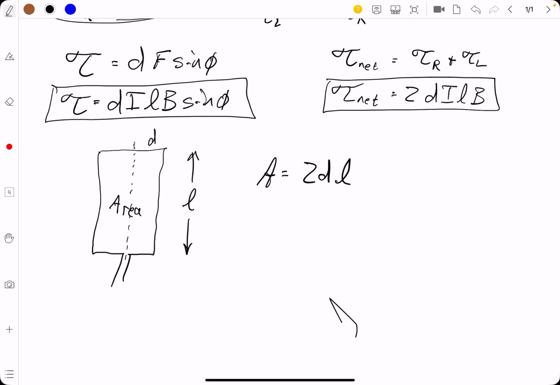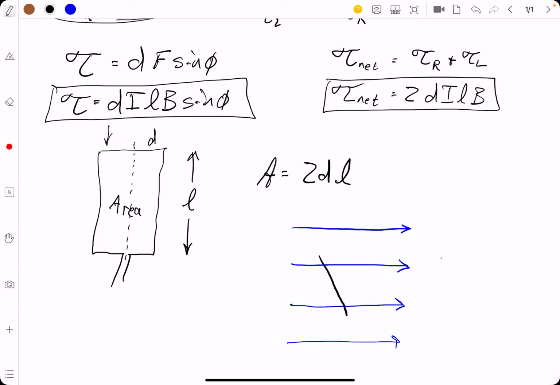And this thing is spinning in the B field, which is going to the right. So let's put a B field down here. But this time we're looking at the B field, and I'm going to put this thing that we've got spinning in the B field, I'm going to put it like this. Okay? So we're looking down on it from this direction. Okay? So that's our view.